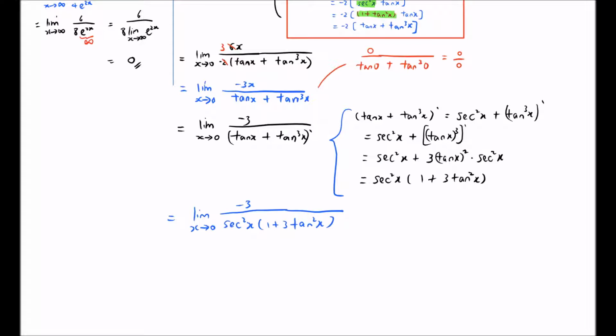So when you put 0, this is 1. When you put x as 0, this is 0. So finally you get minus 3 over 1 times 1 plus 0. Okay, so you get minus 3. So this is the final answer. So minus 3 is the limit for this question.